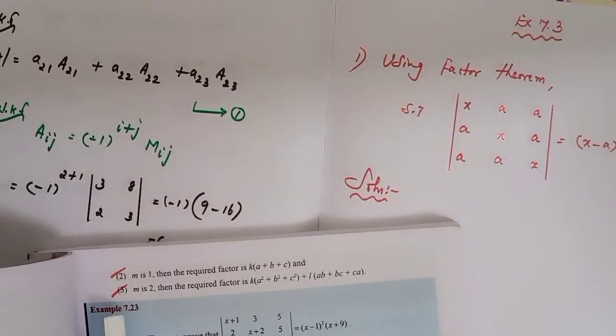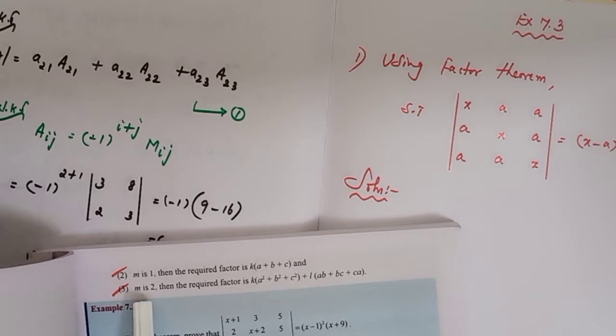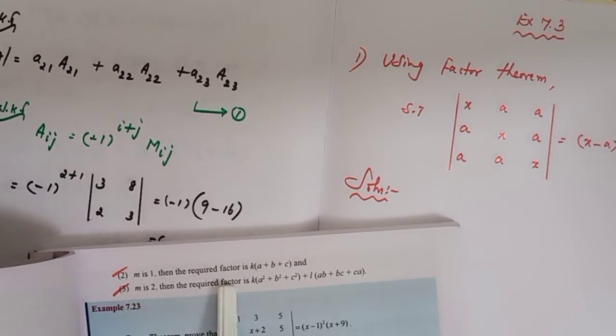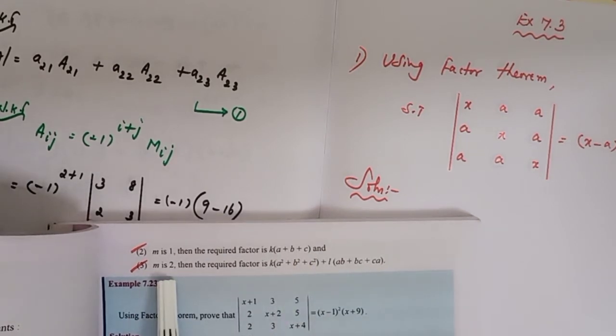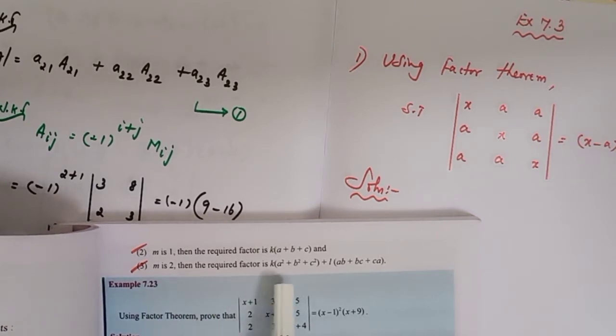If m is 1, then the required factor is k into (a plus b plus c), and if m is 2, then the required factor is k into (a square plus b square plus c square) plus l into (ab plus bc plus ca).